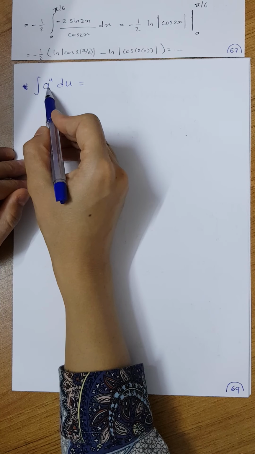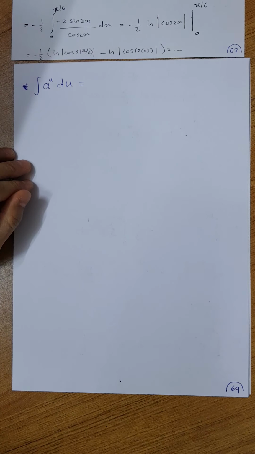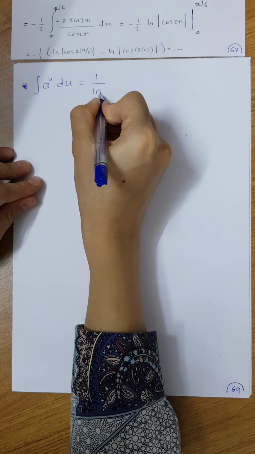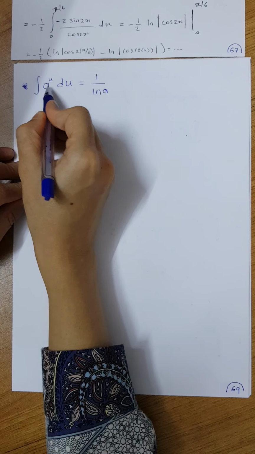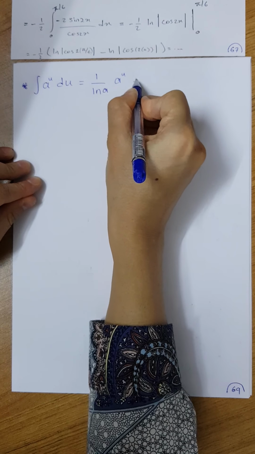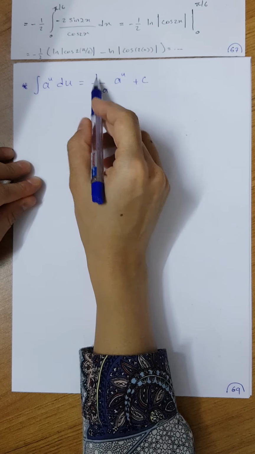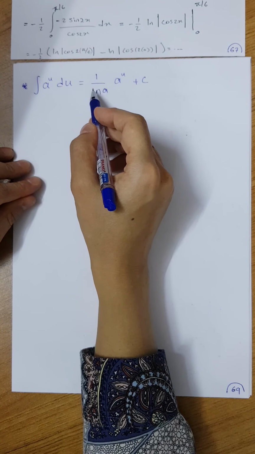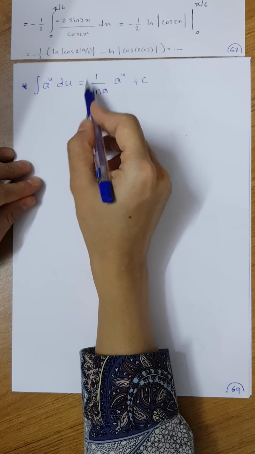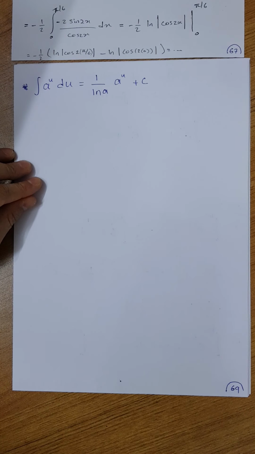If I have got a to the power of any function, and again I have got its derivative right next to it, that integration will equal 1 over ln of the base, whatever that base is, multiplied by a to the power of u plus c. So it's again equal to itself plus c, but the only thing that makes it different from the natural exponential function is that bit: the exponential function is multiplied by 1 over ln of a.